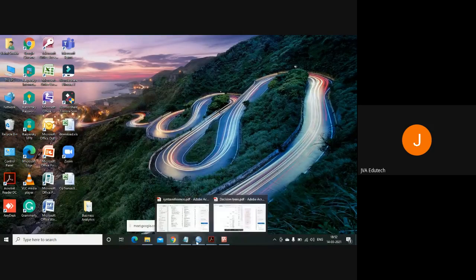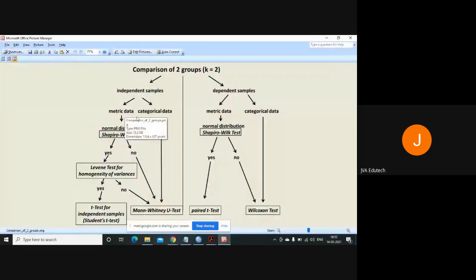Okay. Now the first thing that I talked about is that we have to check the normal distribution. Metric data, categorical data: I have already told you earlier that metric data means the data is taken on an interval or ratio scale. If it is taken on a nominal or ordinal scale, then this is categorical data.